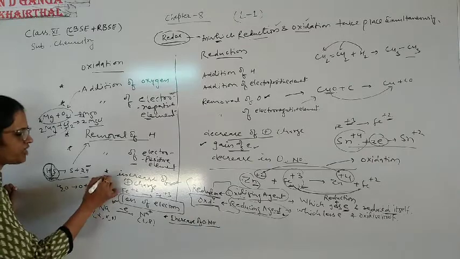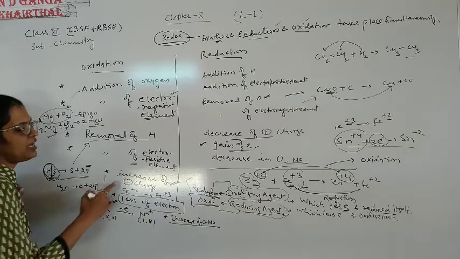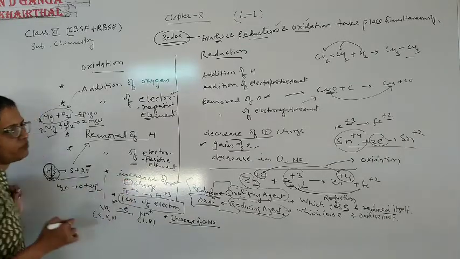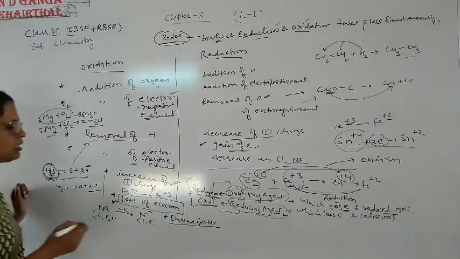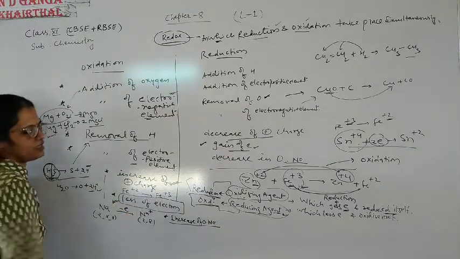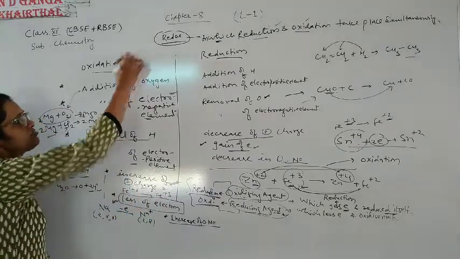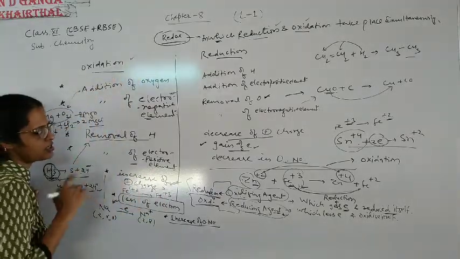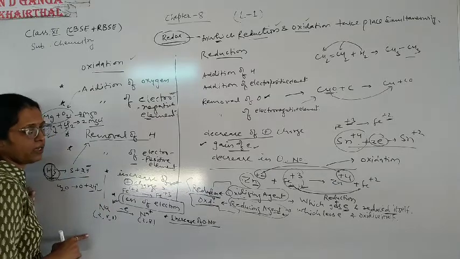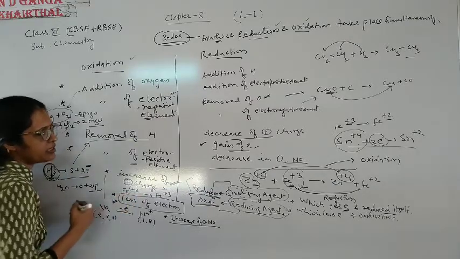Now come to another type of definition. Increase of positive charge. That is very important. If +2 is converted into +3, the charge is increasing. If charge is increasing, which type of reaction is going on? Oxidation reaction is going on. And how does charge increase?